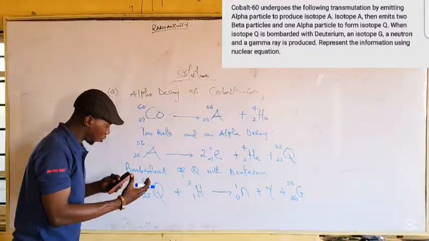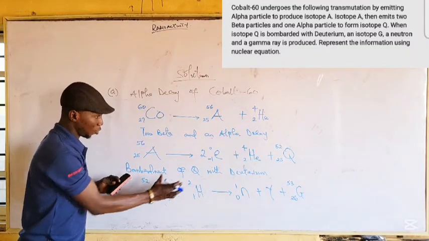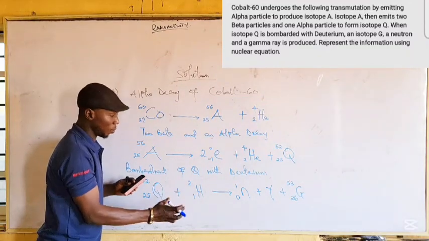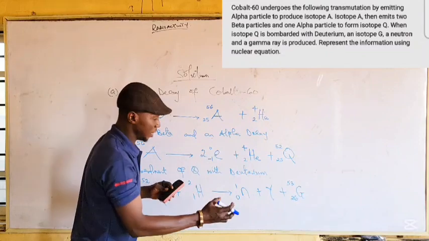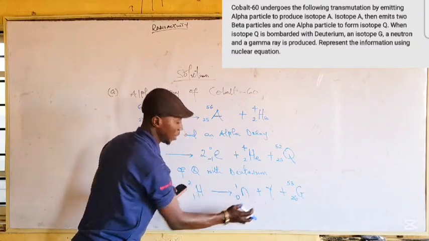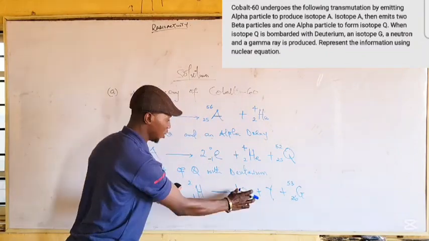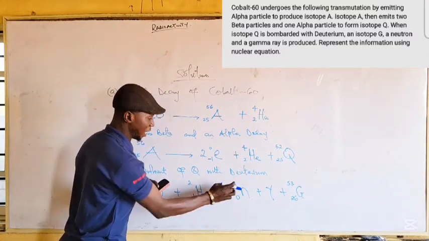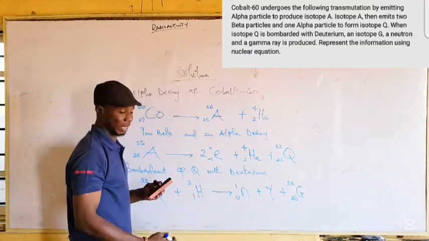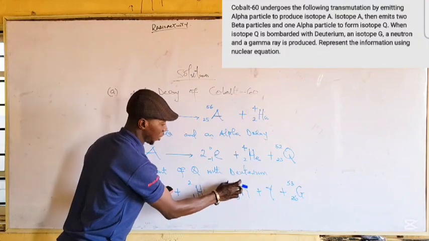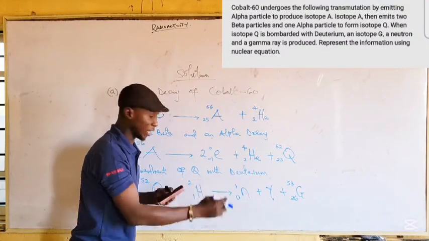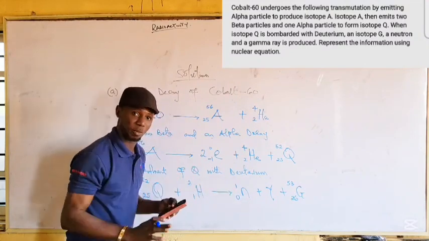Like I said, gamma is not going to affect. Neutron is going to affect by decreasing the mass number by 1, and it doesn't affect the atomic number.